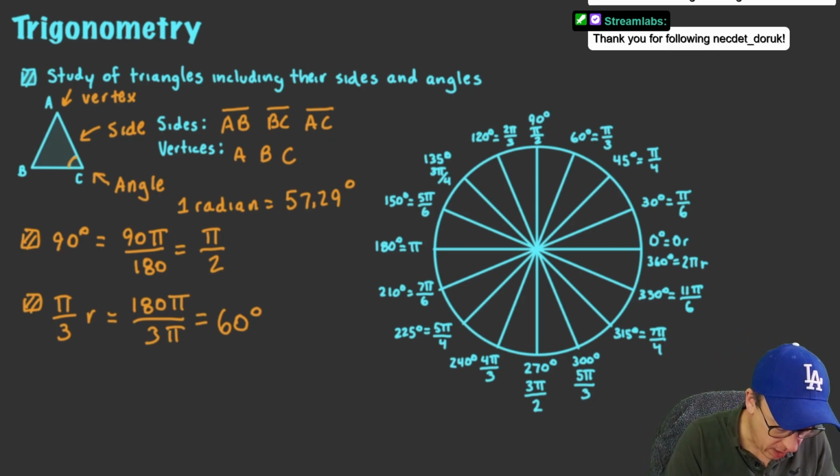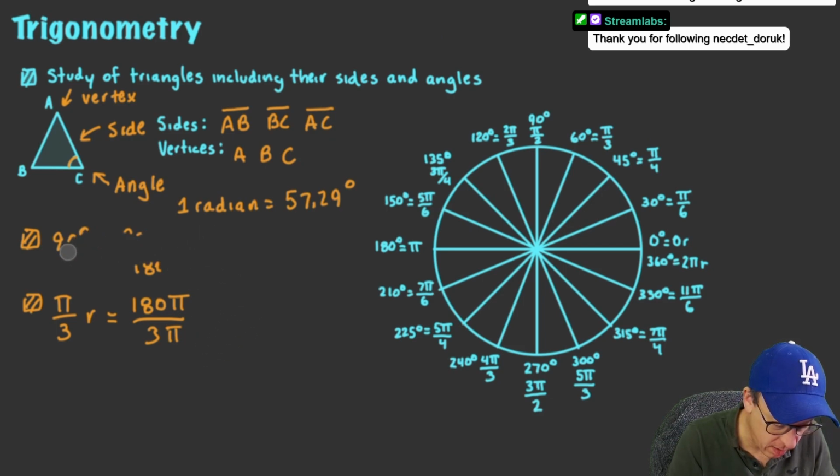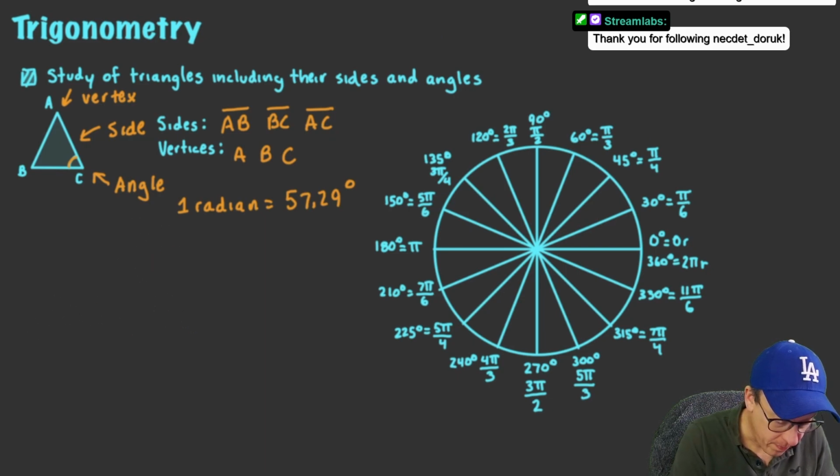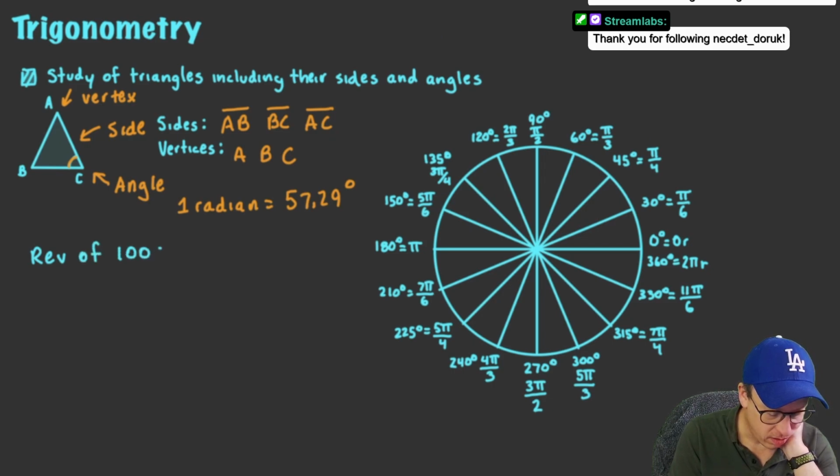So let's go and delete this stuff, and I will talk about revolutions because it's important also. Let's say that we want to find the number of revolutions of 1,000 degrees.